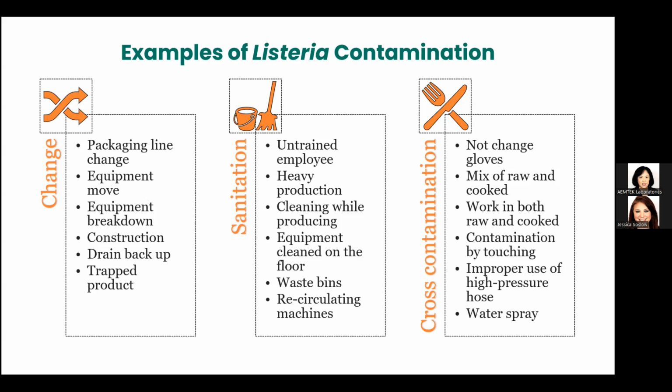Whenever you have a change, whether it's a packaging line change, or used equipment is brought from storage or from another plant and then installed into the process flow, and it carries the bacteria with it if it's not sanitized properly, or when you have an equipment breakdown, and then sometimes the construction itself or major modifications can expose bacteria that was in the equipment before.